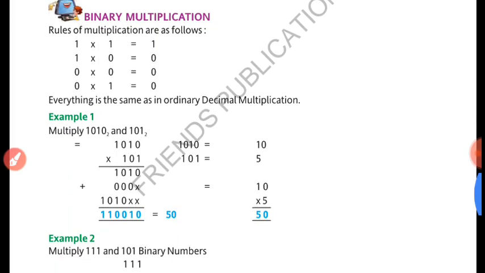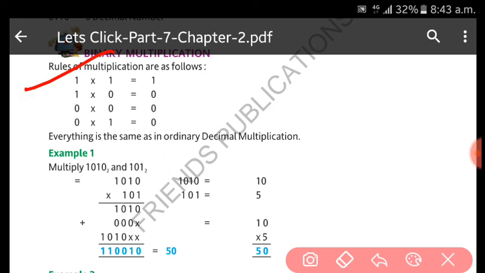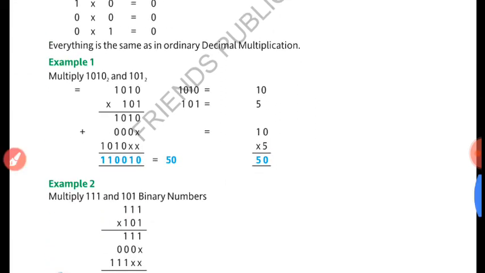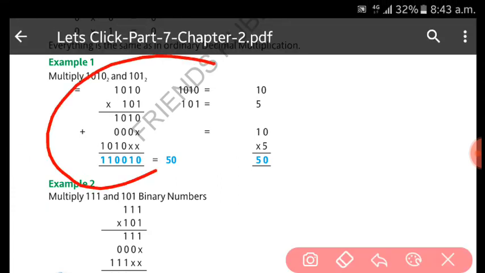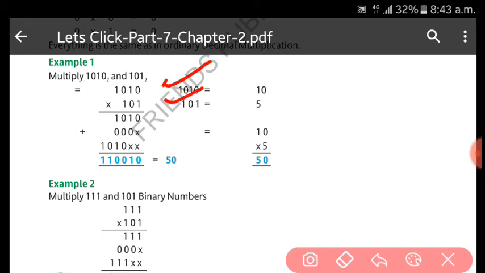And then binary multiplication. Binary multiplication is simple, as we do in decimal form in mathematics, but here we have to do it with the two digits, 0 and 1. So this is given: 1 0 1 0 and 1 0 1. Let us understand. This is the multiplication result.